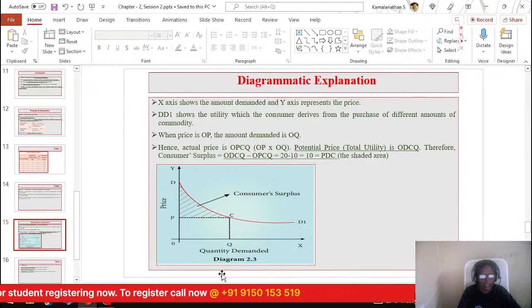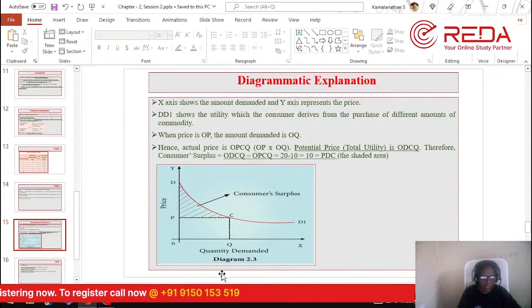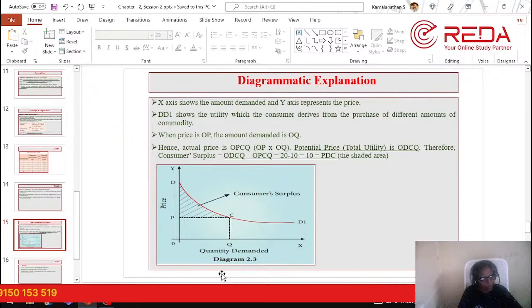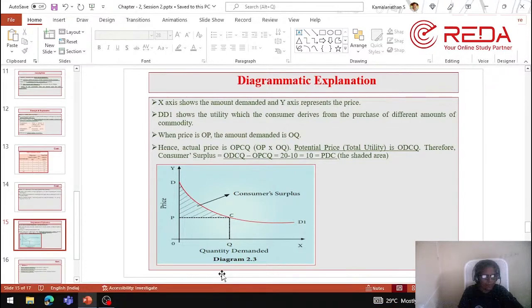So this we call the actual price and the potential price. Here the actual price is 0P into 0Q. Then the potential price is the amount I am capable of allotting to purchase the commodity.